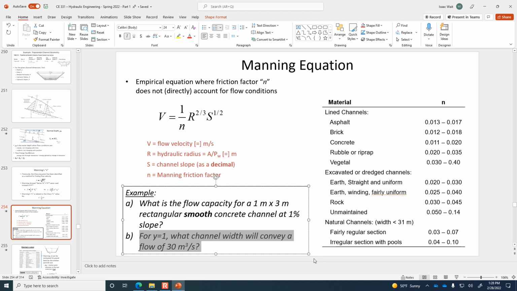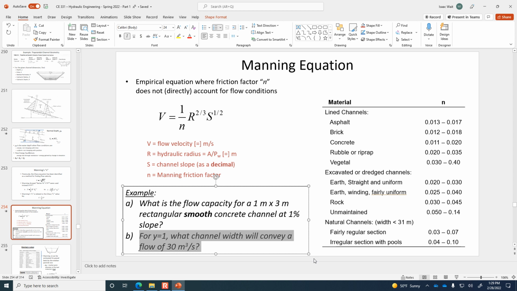Okay, so we need to substitute into Manning's equation a flow rate of 30 cubic meters per second. And then for area, I'll substitute in basically B, because it's B times 1. So B to the 5/3.